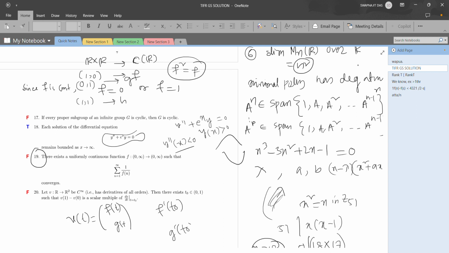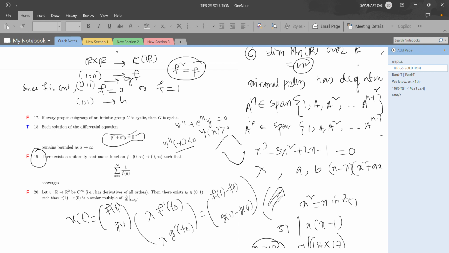Here it is saying that (f prime of t naught, g prime of t naught) should be proportional to (f(1) minus f(0), g(1) minus g(0)). So I am trying a technique: g(1) minus g(0) equals lambda times g prime of t naught.